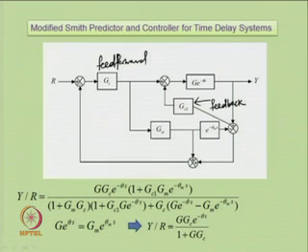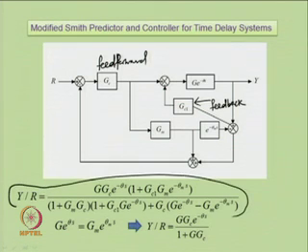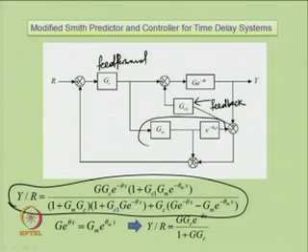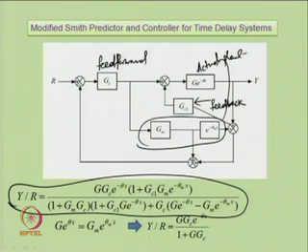It gives a closed loop transfer function with respect to the reference input of this form. But when the plant model dynamics matches the actual plant dynamics, then the closed loop transfer function becomes very easy, the one we have obtained from the earlier scheme.